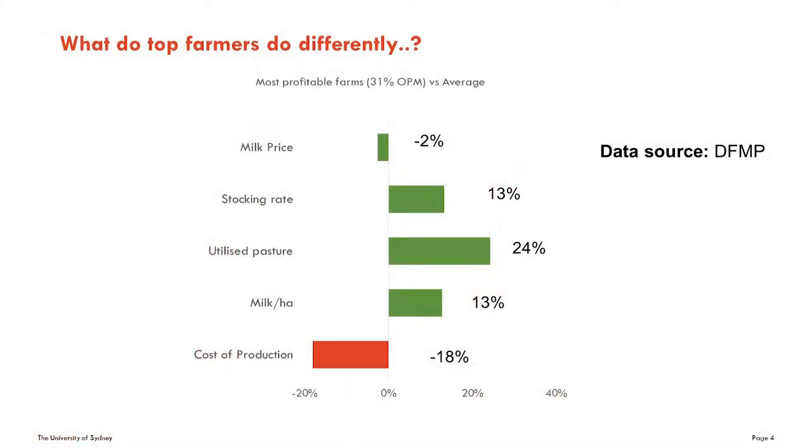So I have always been curious to learn from the farmers that really manage things very well. When you put into that quartile on the left-hand side of the previous graph the ones that are making more money, and this is again over the last 3 years, including a very bad last couple of years, you can see that what makes the difference is not milk price. If anything, the price in that case was a little bit lower for that group compared to the whole data set, including themselves.